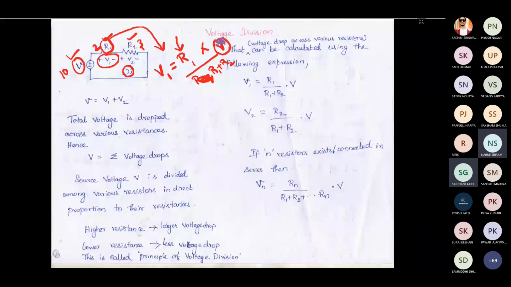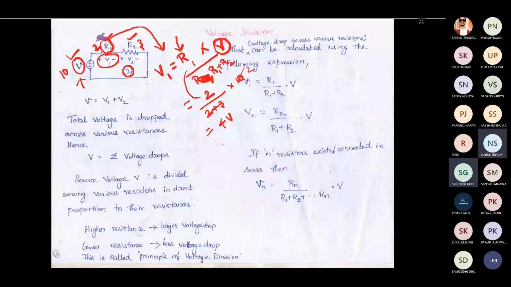This is the formula to find the voltage across an individual element. Substituting the values: R1 is 2, divided by 2 plus 3, that is R1 plus R2, multiplied by voltage 10. This is 5, this is 2, so you will get 4 volts across this 2 ohm resistor.